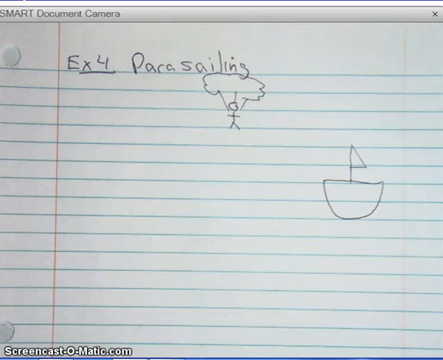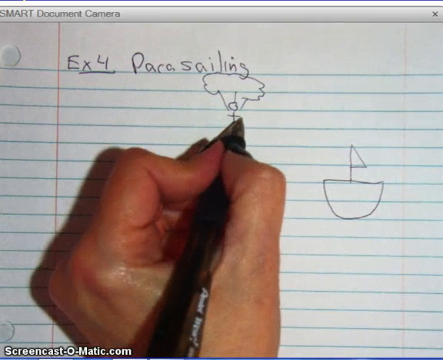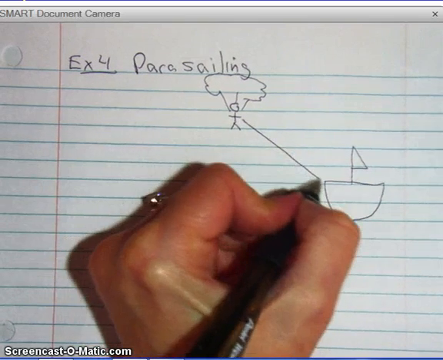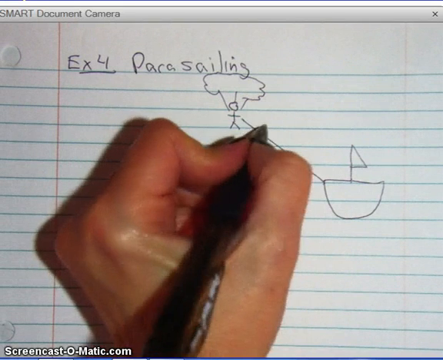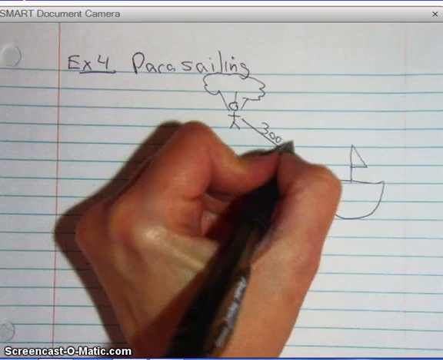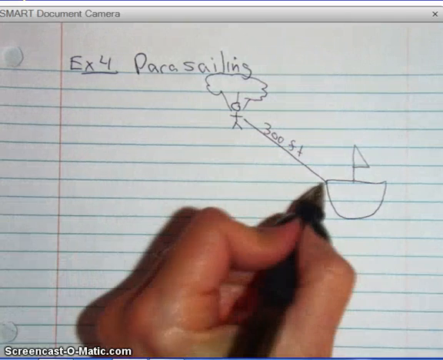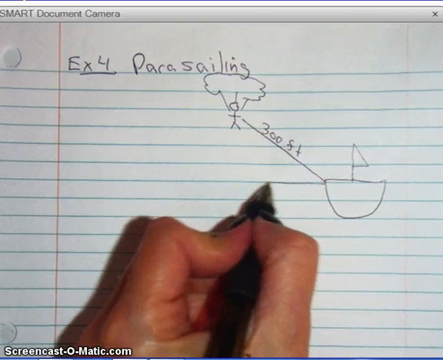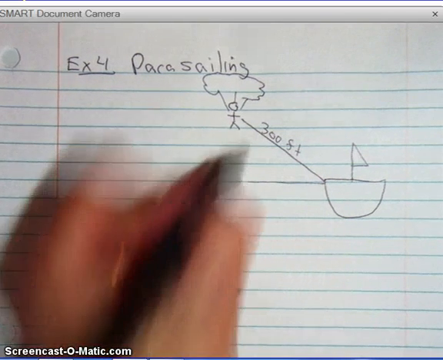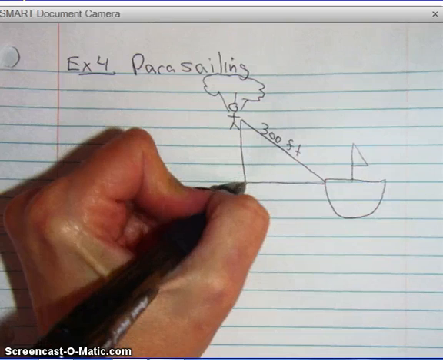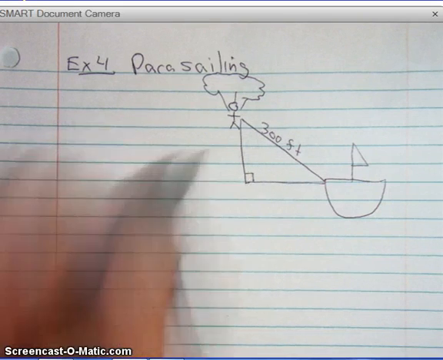Isn't that cool? Okay. The parasailer is connected to the boat by a rope, 300 feet. We want to find how far vertically above the boat the parasailer is.